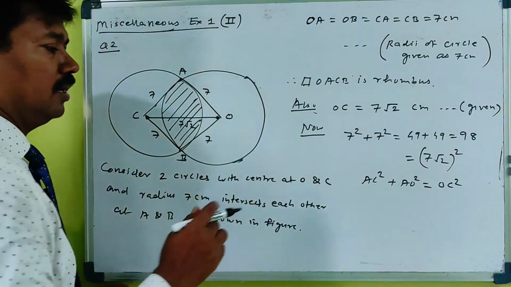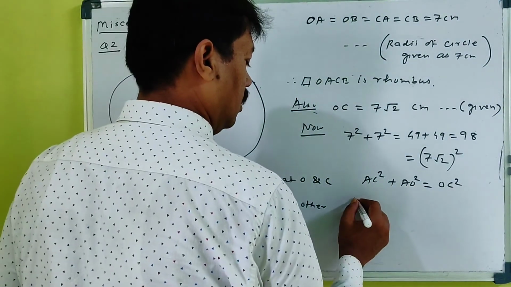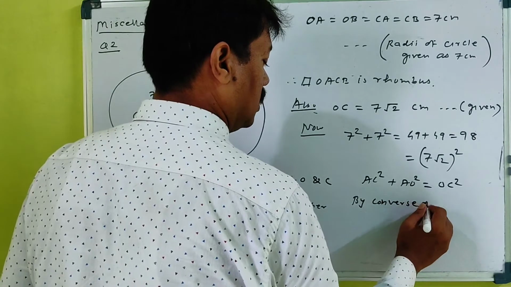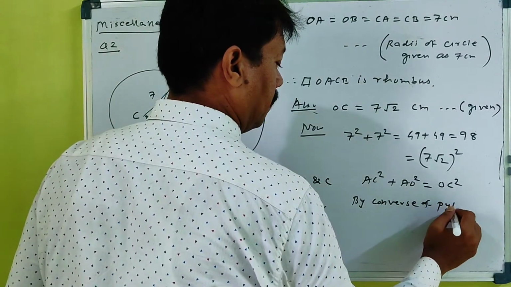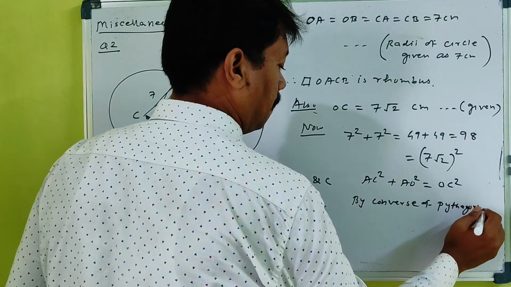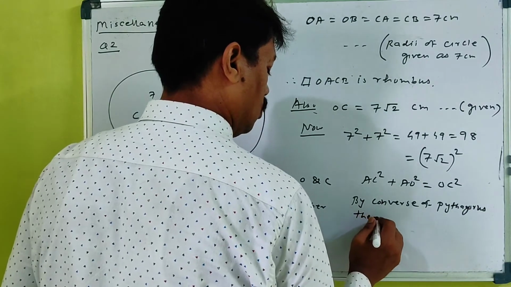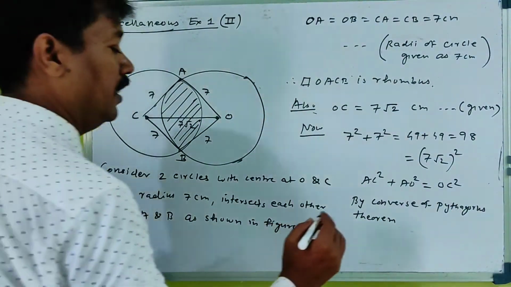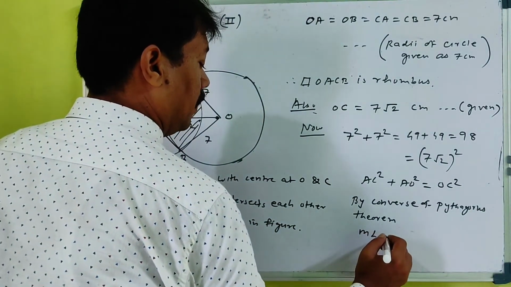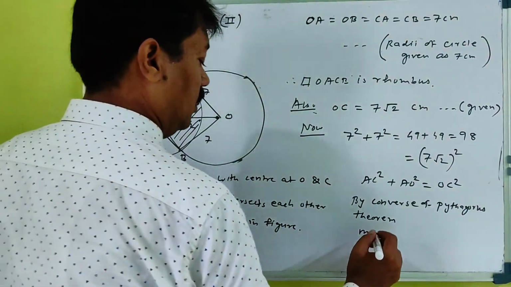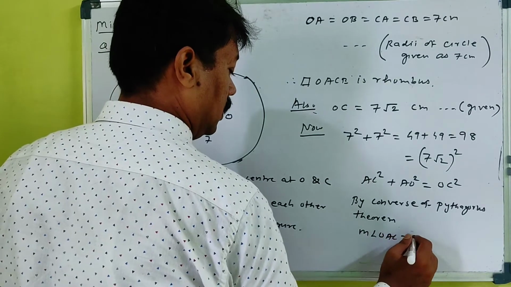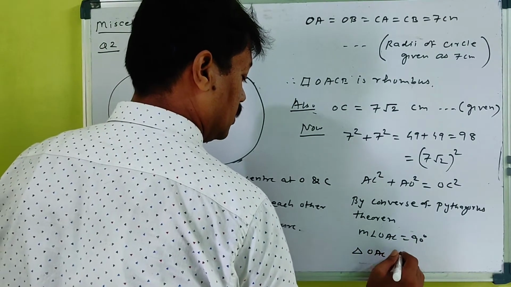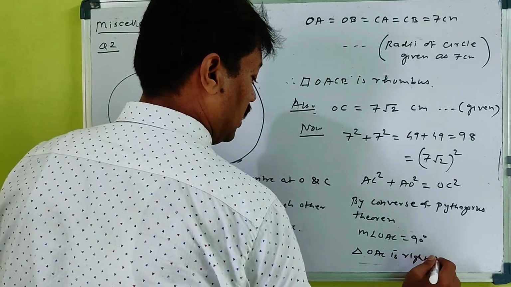So here clear it from this by converse of Pythagoras theorem. The converse of Pythagoras theorem, measure angle OAC is 90 degree and triangle OAC is right angle.